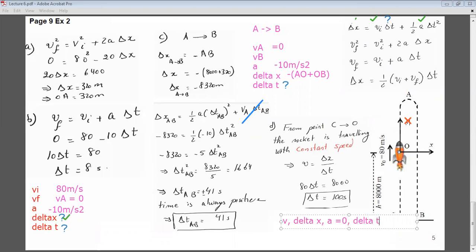It's asking me for delta T. So what equation can I use? I go up, the first equation. Delta X, I have it. The initial, I have it, 80. A is 0. So if I just put delta X equals V initial delta T, this is exactly this equation. So you get the same answer, okay?